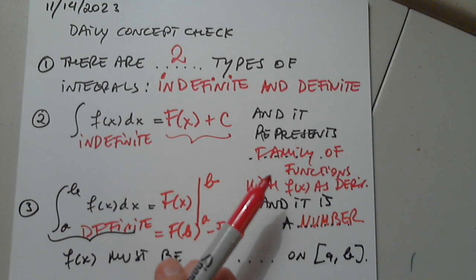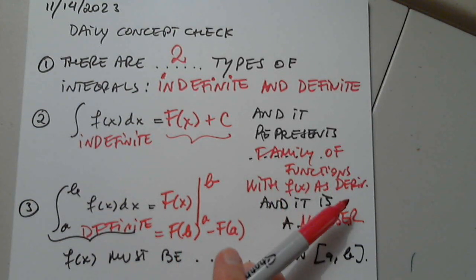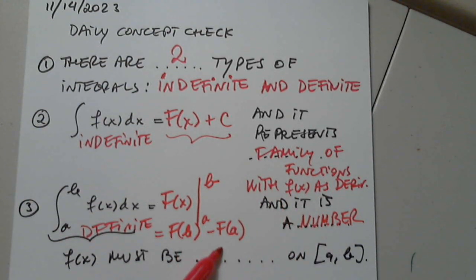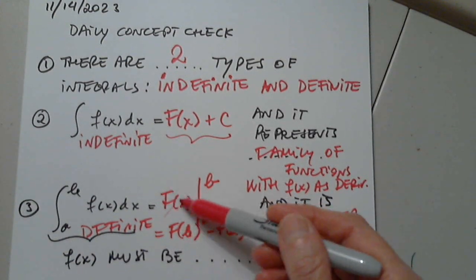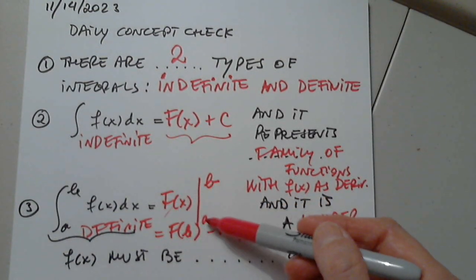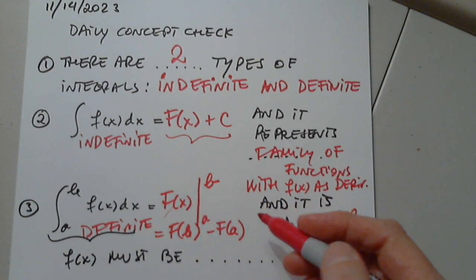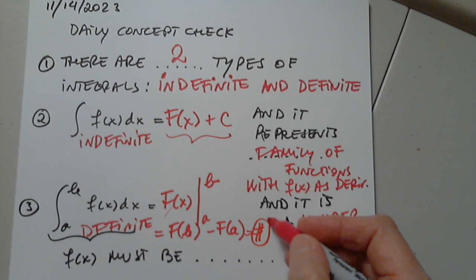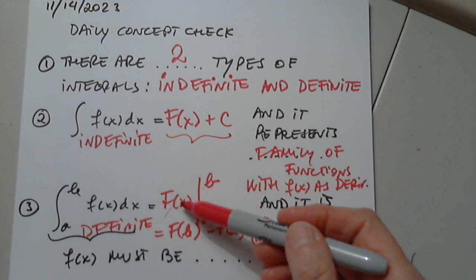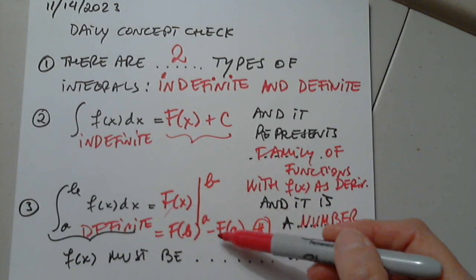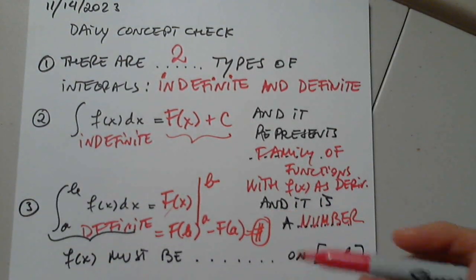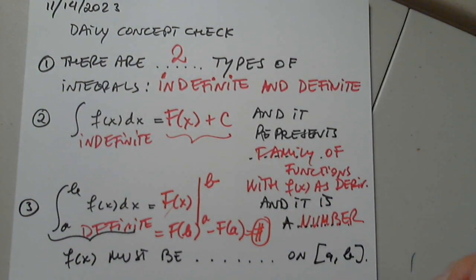This one is always a function or a family of functions. But this one will always be a number, because I have a function and I plug in a number, and then I subtract when I plug in another number. We are evaluating this function at this number and subtract when we evaluate at the other number. So it will always be a number.